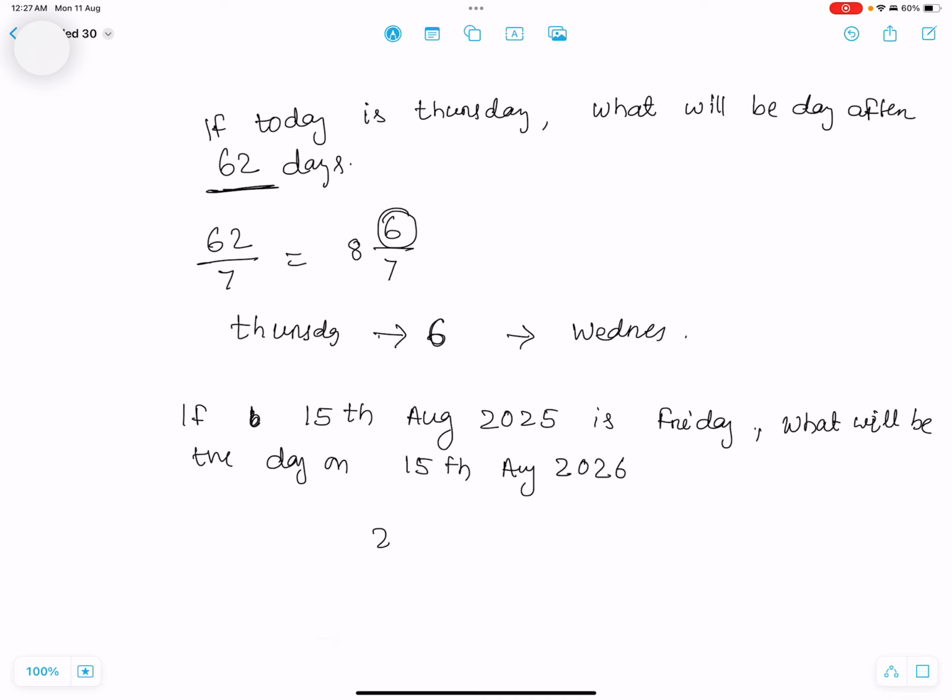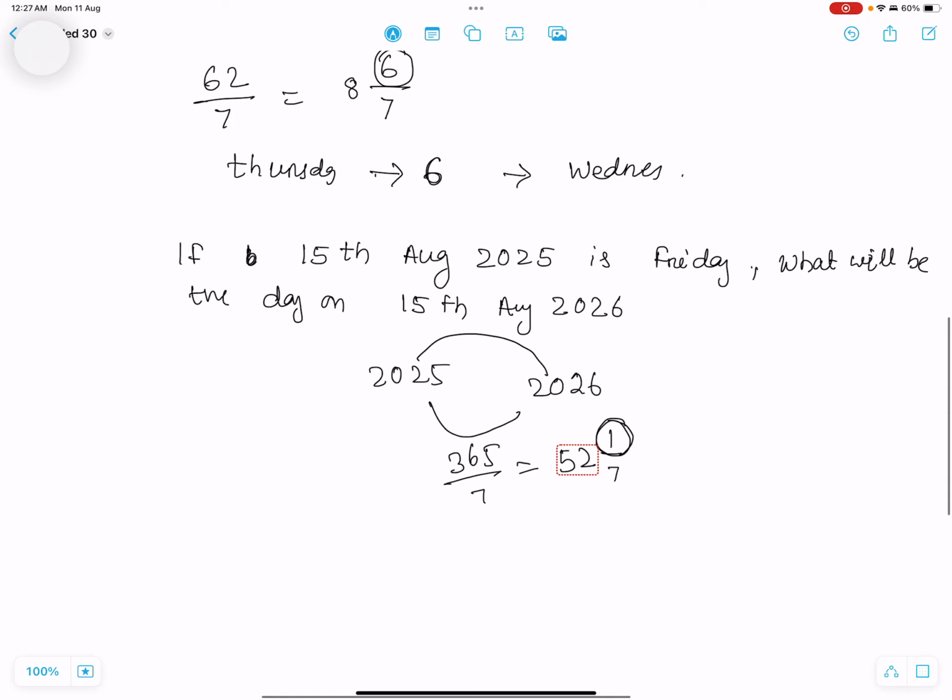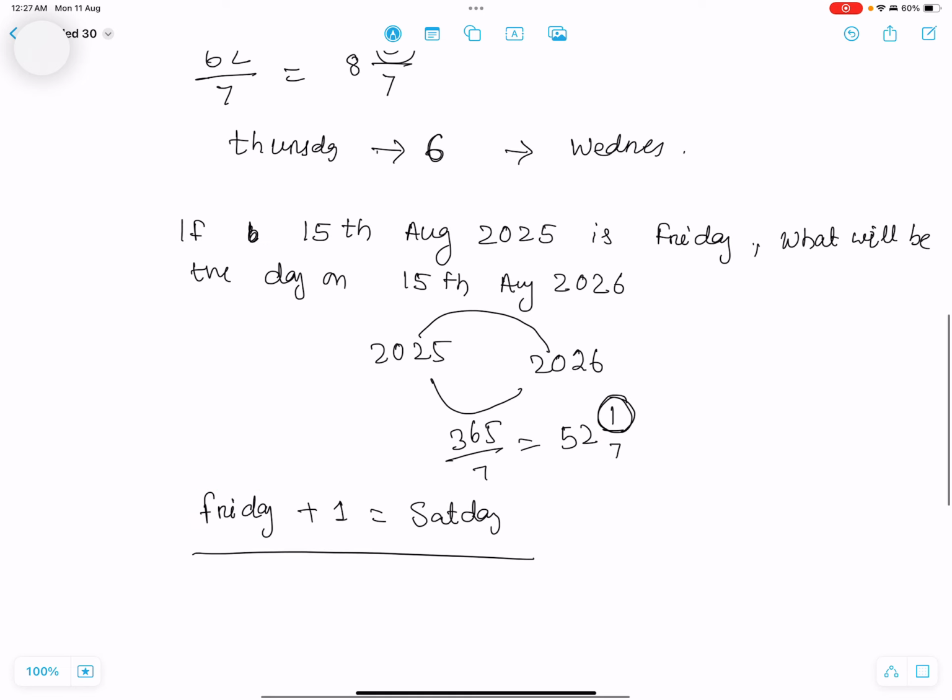Okay, 2025 is a normal year, means the difference from 25 to 26 will be 365 days. In 365 days, how many odd days are there? 52 weeks, 1 by 7. So 1 odd day. So next year it will be Friday plus 1, how much? It will be Saturday. Okay, that's all about your calendar. Okay, if you know that number, you can solve each and every question.